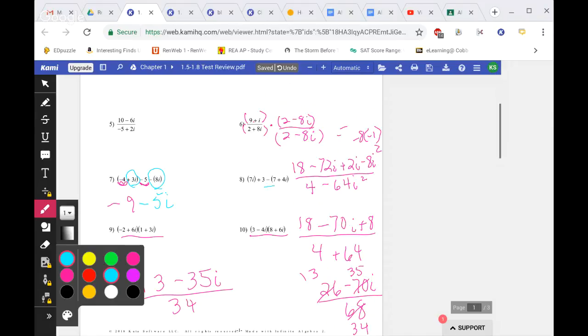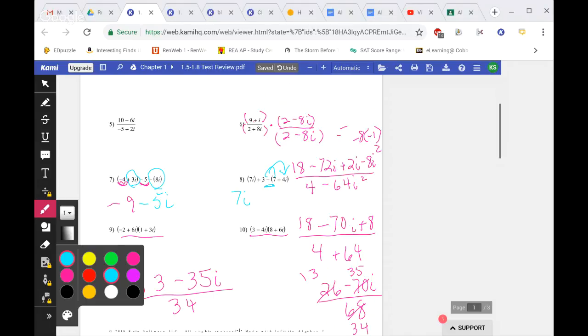Now, number 8, you have to be really cautious because look at this negative sign here. That has to be distributed to both things inside the parentheses, but you just have to be very, very careful. Number 7 and 8, the math is relatively simple as long as you're watching your signs and your distribution properties.